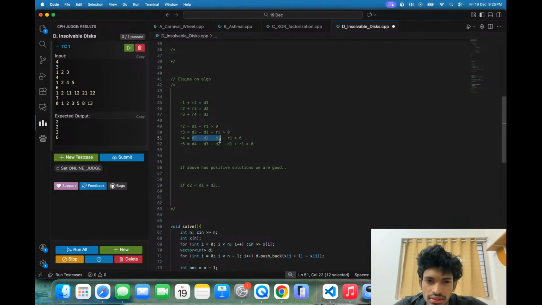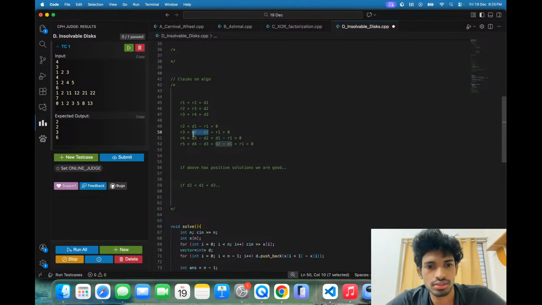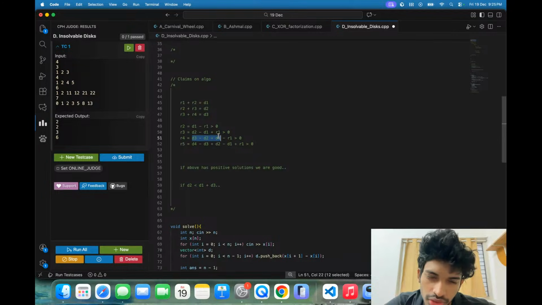And if R1 is equal to this, would these things be satisfied? I mean, if I keep R1 as the maximum of these things, because those are positive, right?